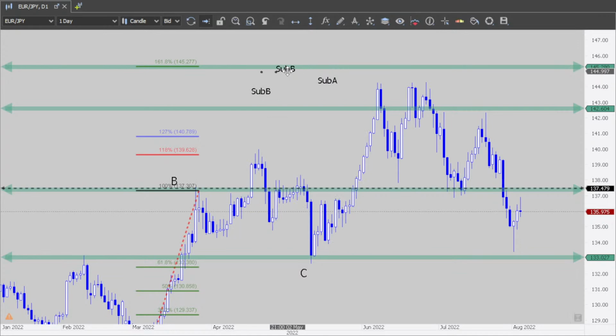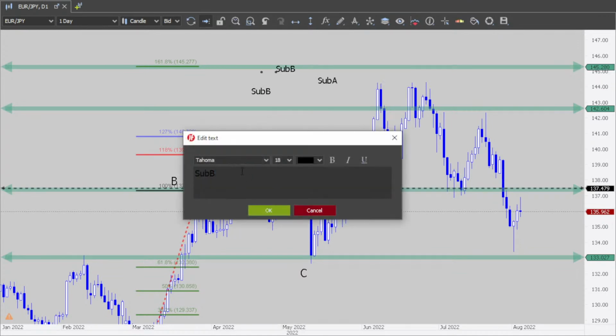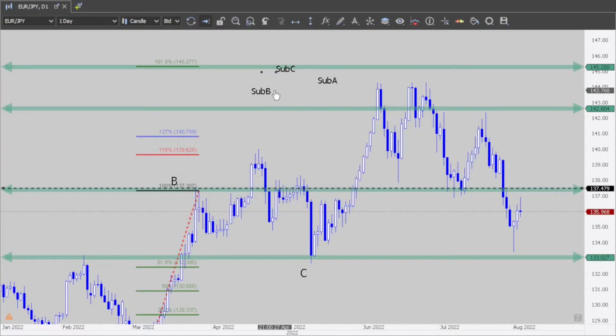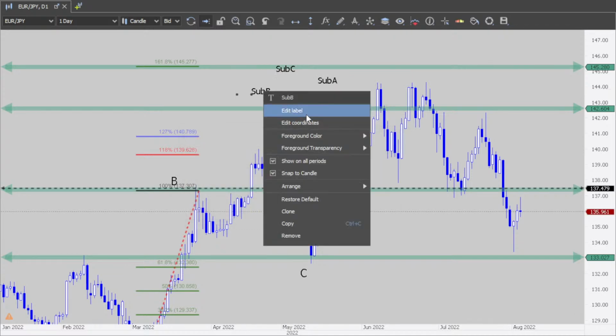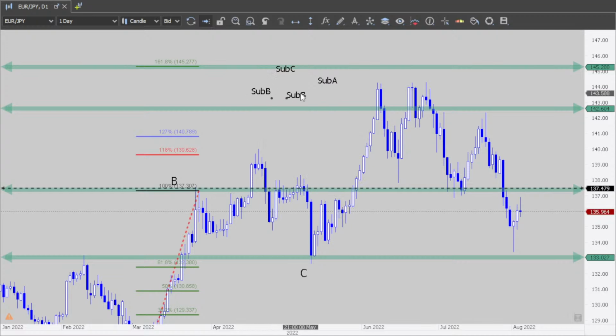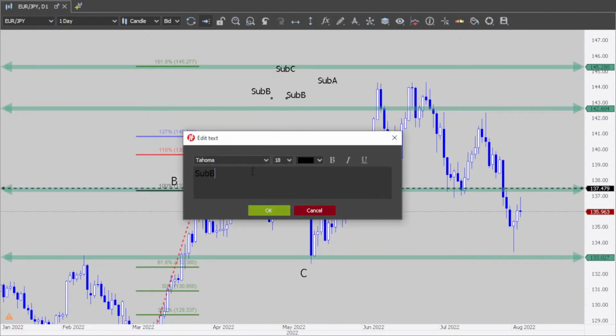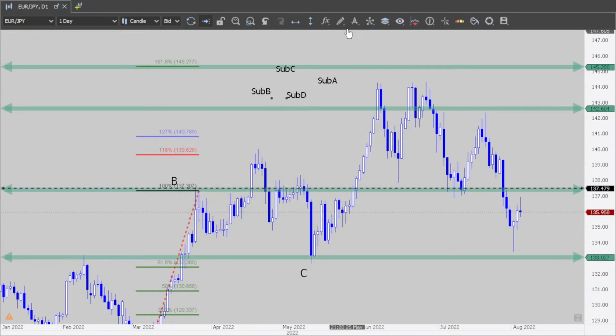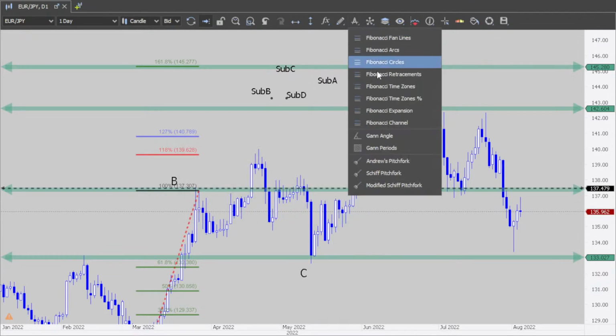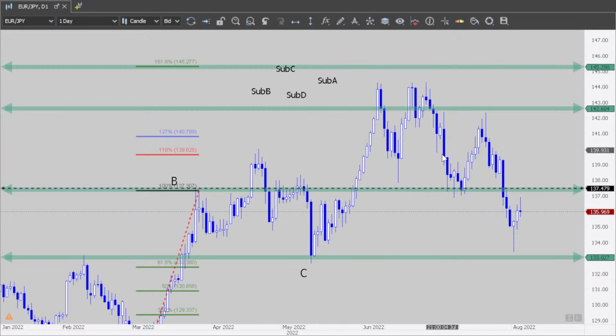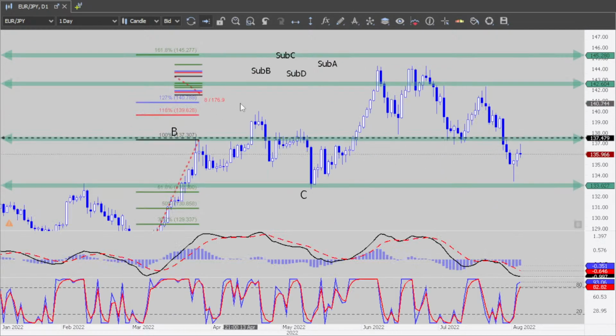Clone, edit label, sub A, sub B, sub C, ABC, one last time, clone, edit label, sub D, sub A, sub B. Okay, so Fibonacci retracement tool. One more, everybody.